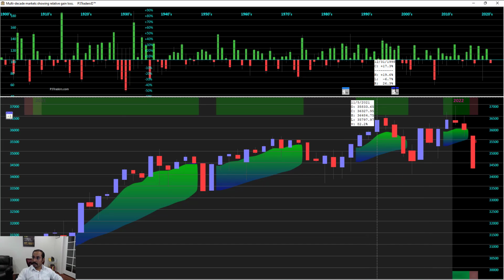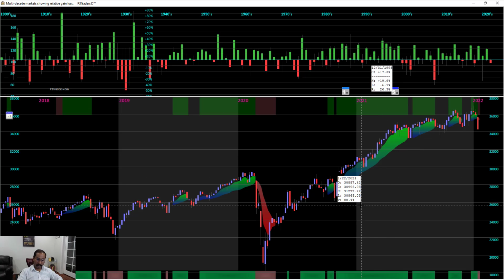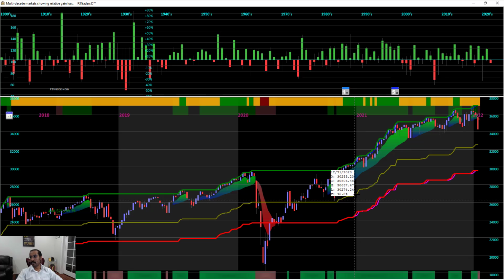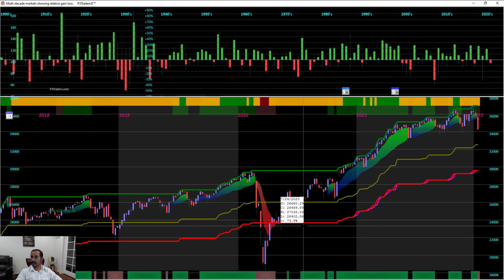And another interesting part is, I'm pressing Control B. This is just a reference. As per Wall Street, a 20% downturn from the highest point is officially called a bear market.